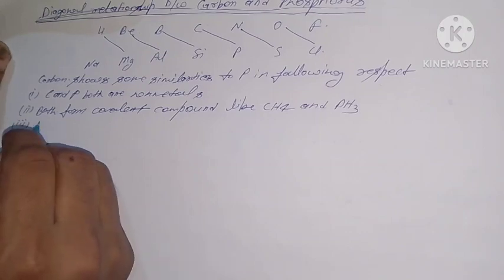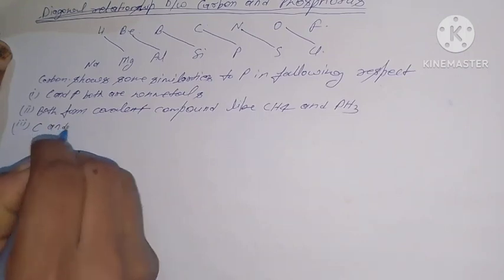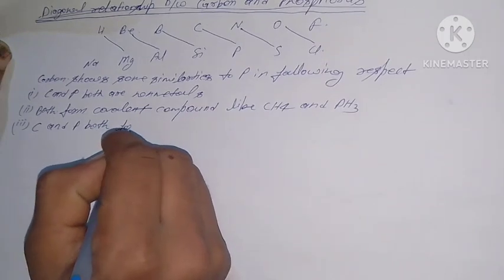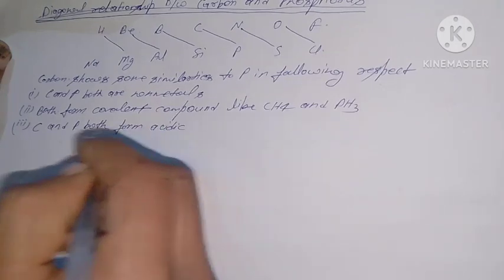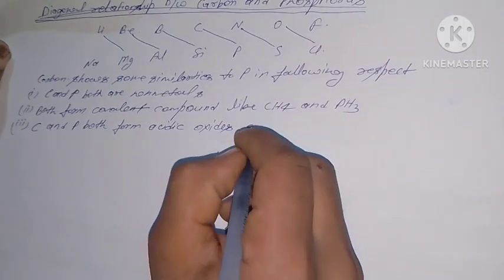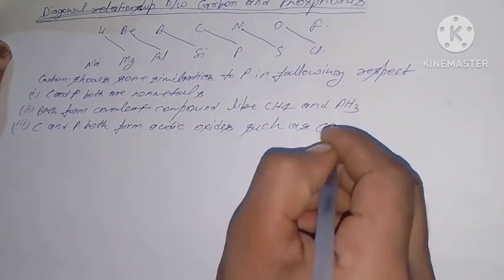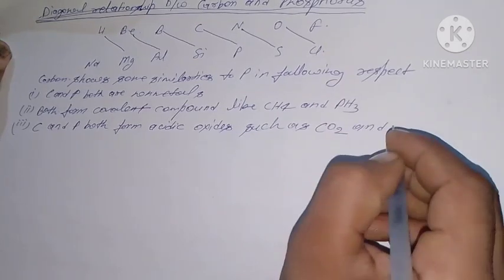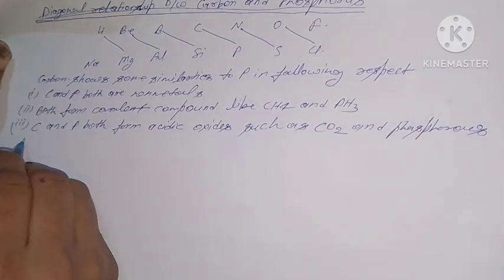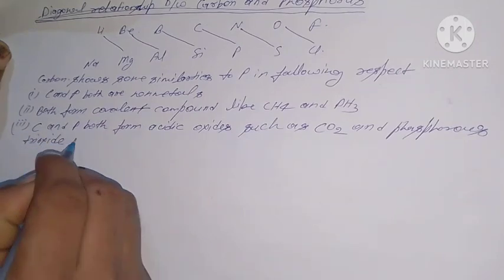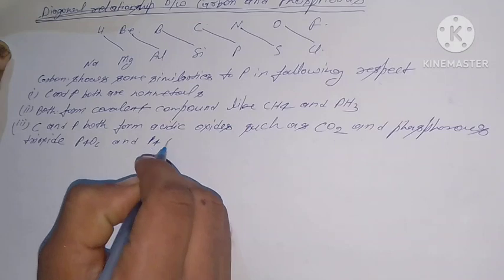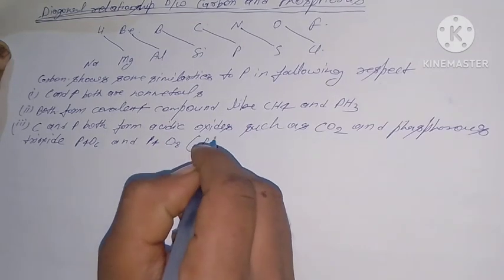Third point. Carbon and phosphorus both form acidic oxides such as carbon dioxide and phosphorus trioxide, P4O6, and P4O8, phosphorus tetroxide.